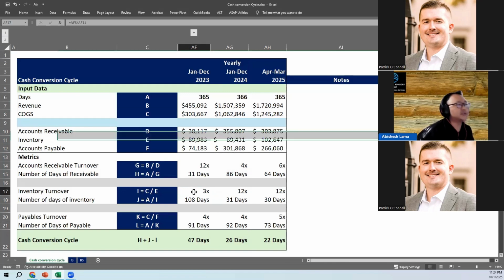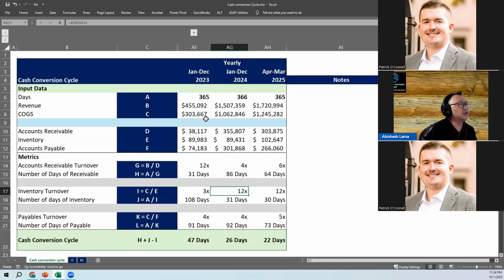So for that reason, the inventory did not turn as much as it has turned in 2024. Here you can see that there has been a significant growth in cost of goods sold, which is in line with the revenue. As the revenue has gone up to sell more products, they have purchased more products, and roughly they have ordered it once a month.